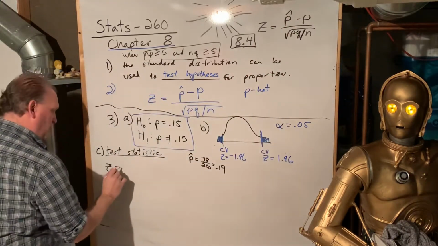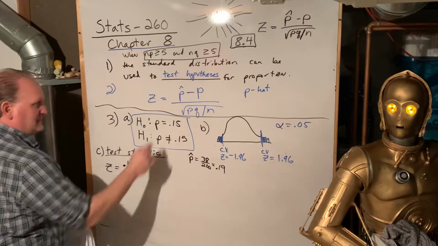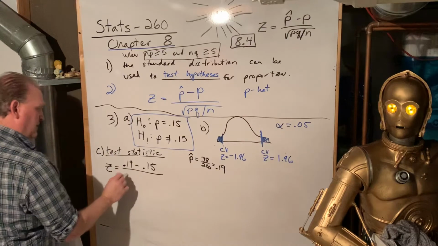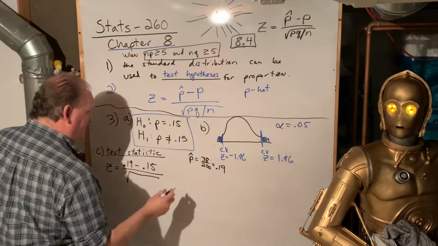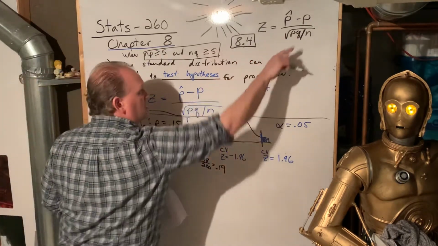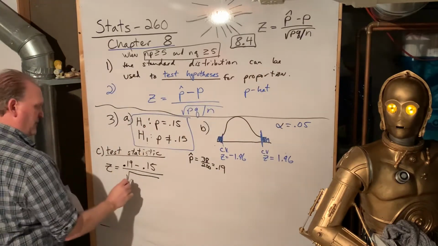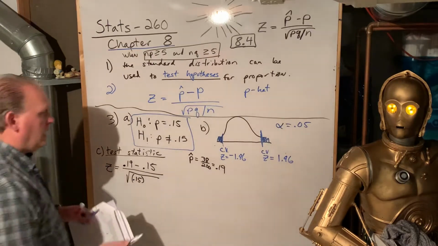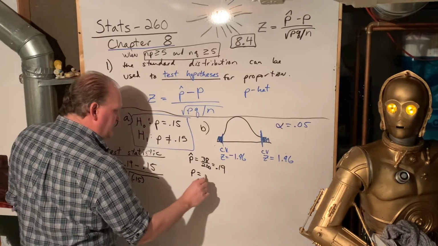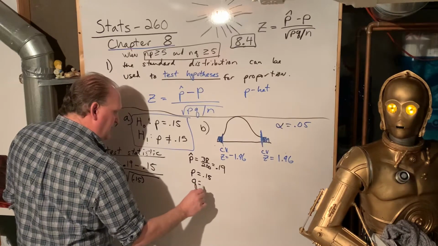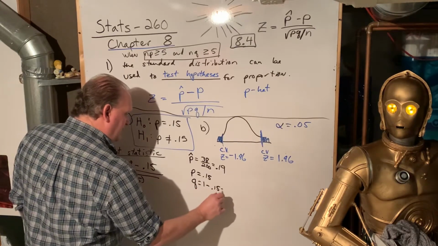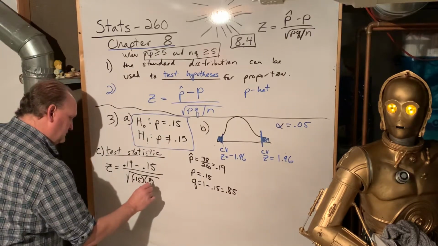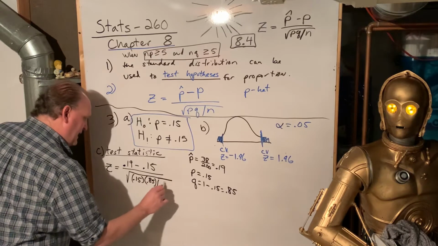So we have p hat minus p, 0.19 minus 0.15, over the square root of, and now all of this is under the square root, p, which is 0.15, times q. If p is 15%, q is 1 minus 0.15, which is 0.85, divided by 200.